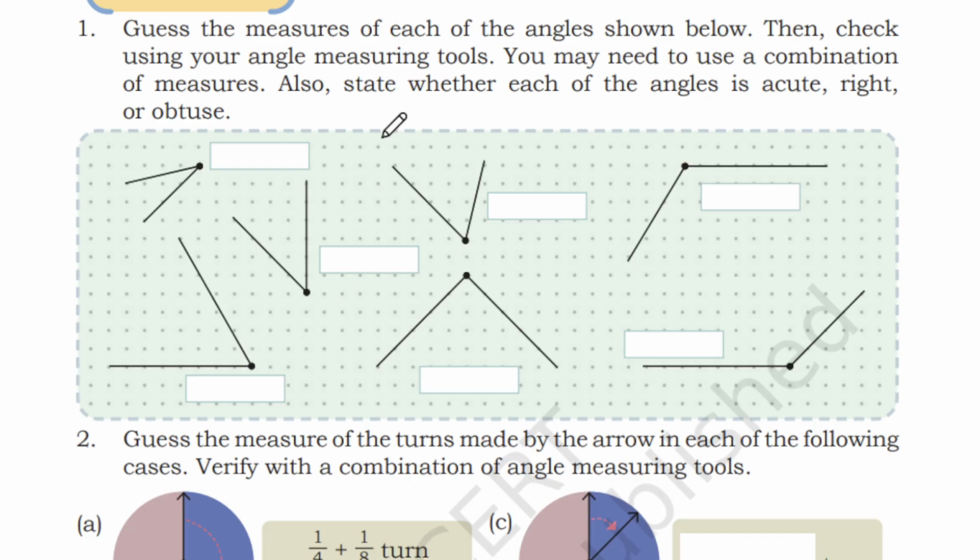angle, or straight angle. Okay, so here we have an angle which is less than a right angle.